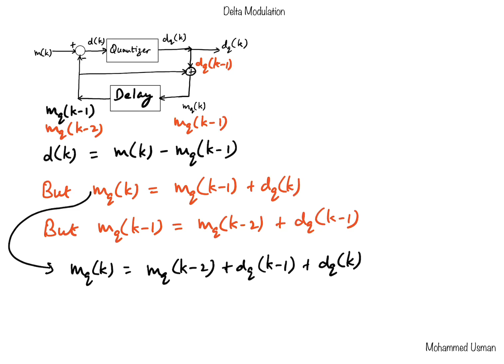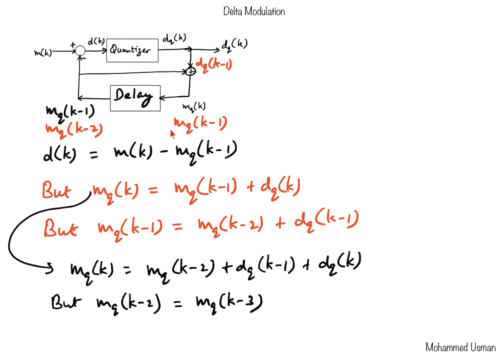So again I'll do one more iteration. mq[k-2] would be equal to mq[k-3] plus dq[k-2].